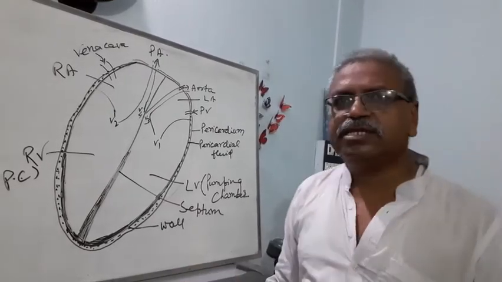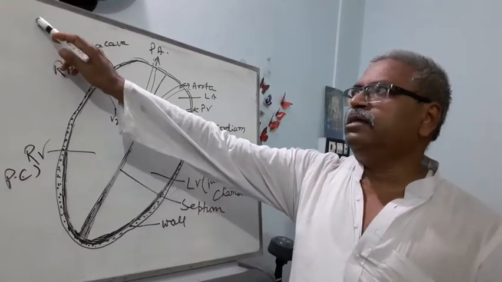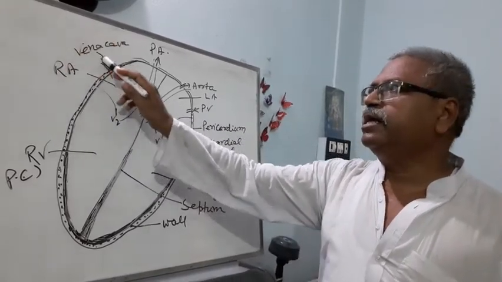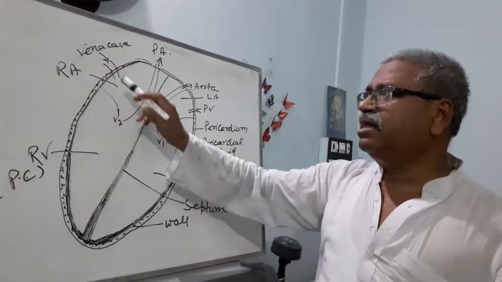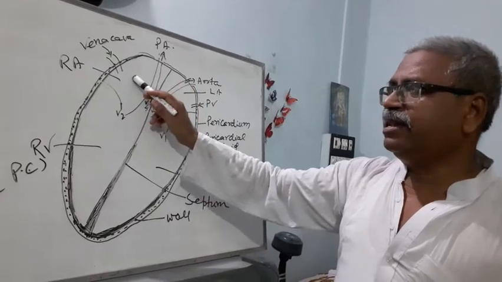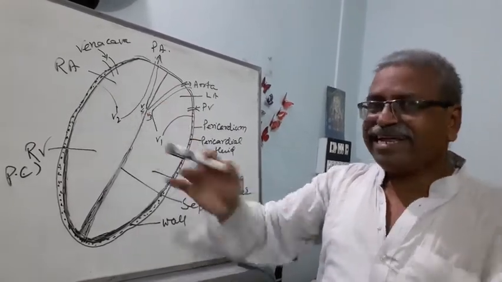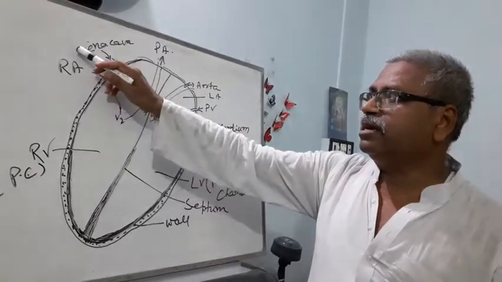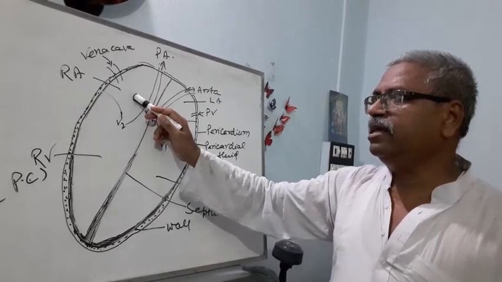Now comes the functioning of the heart. The blood from the body comes from the vena cava to the right auricle. When the right auricle relaxes, the blood comes through the vena cava into the right auricle.